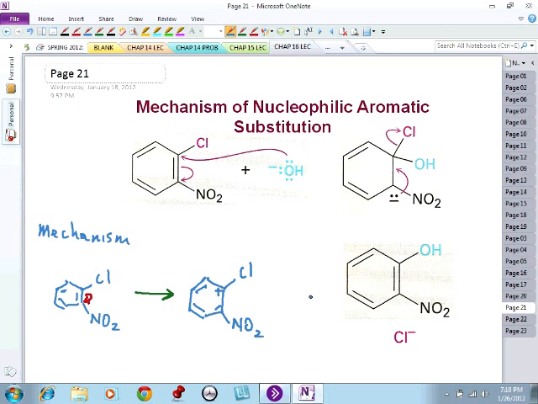And so at this point the nucleophile will come in. Let's represent the nucleophile as Nu. It could be any species that is negatively charged.